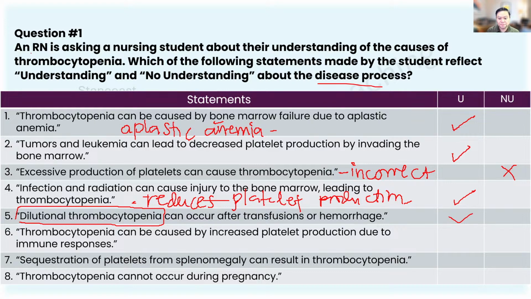Okay, what about number 6? Thrombocytopenia can be caused by increased platelet production due to immune responses. Is that correct? Again, number 6: thrombocytopenia can be caused by increased platelet production due to immune responses. That is going to be marked as no understanding.